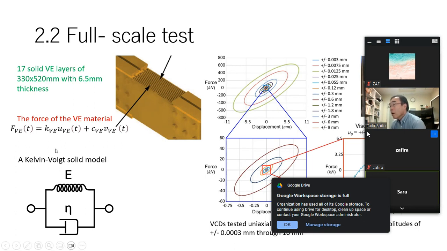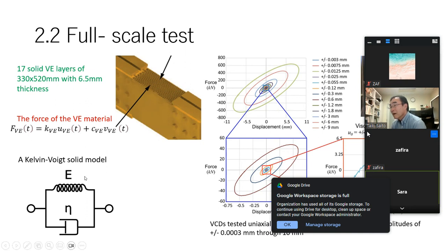Okay, and the solid model. It consists of a spring and dashpot in parallel. It can be used to describe the dynamic behavior viscoelastic material could carry at different frequencies of vibration.